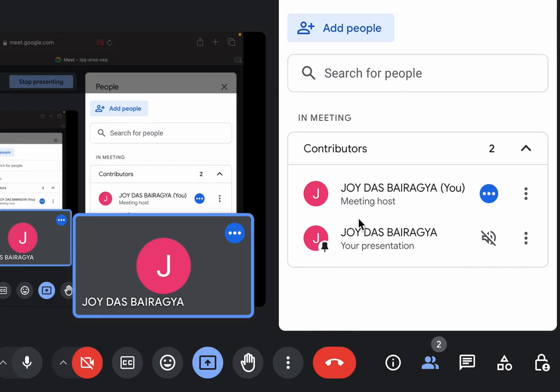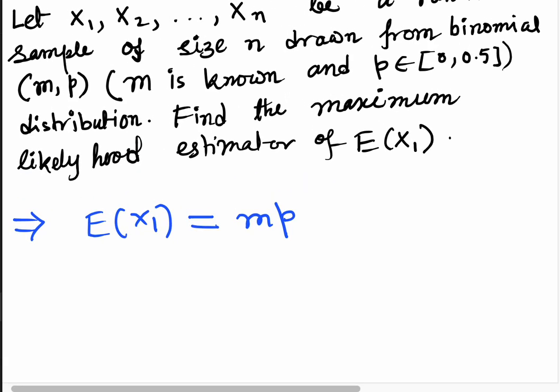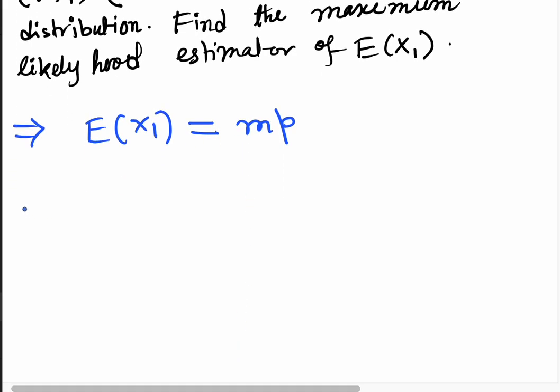Now we have to write the maximum likelihood function.